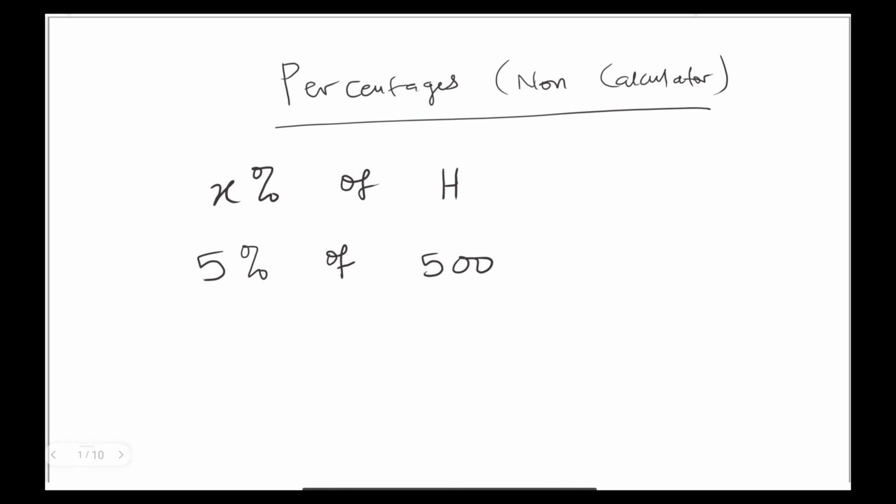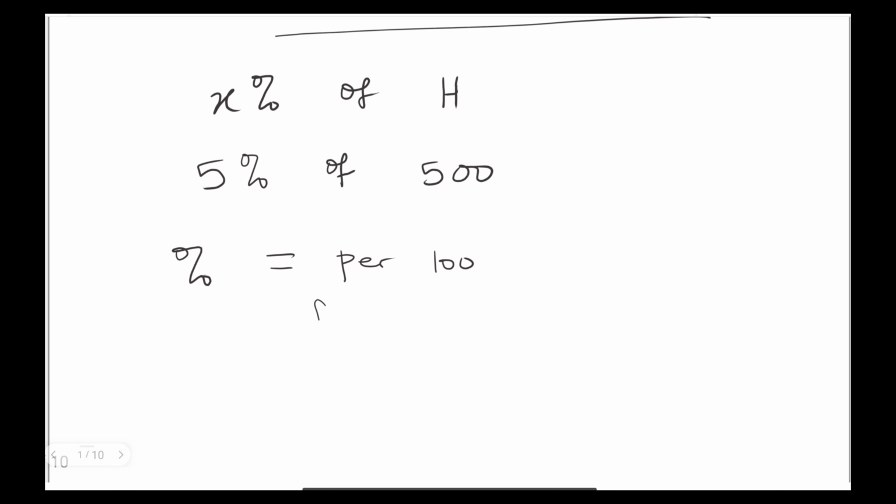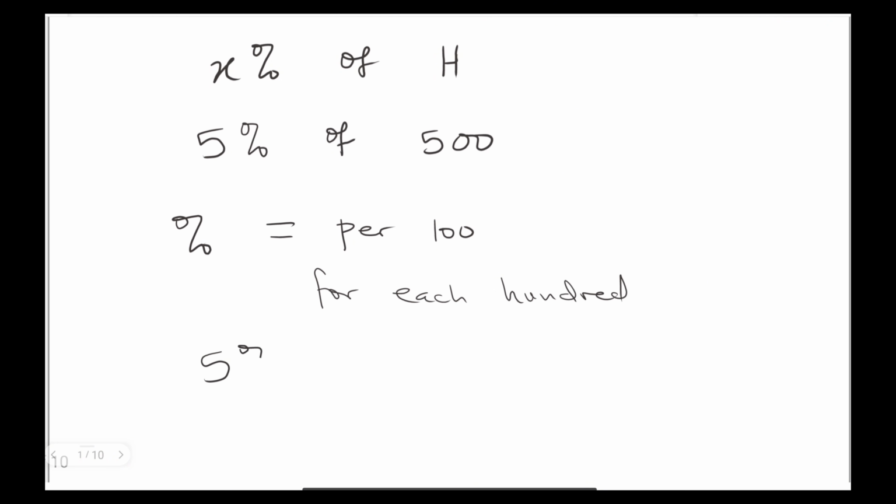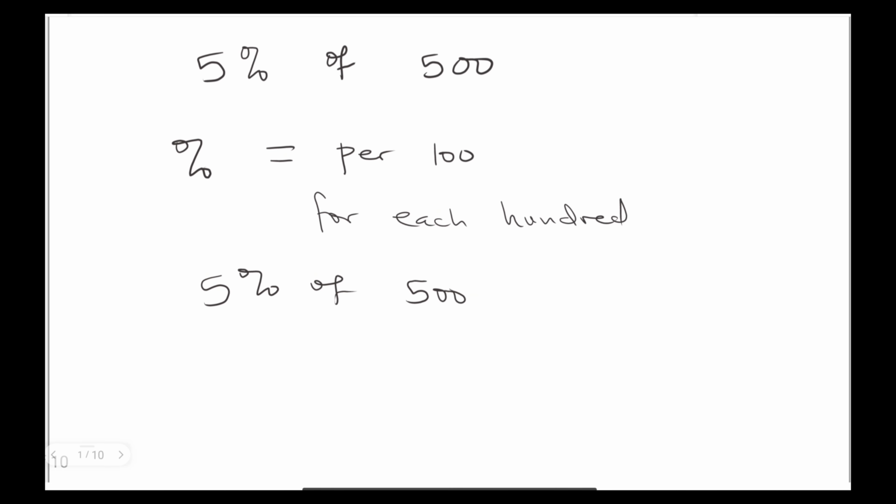So before I go into much detail, percentage means per 100, meaning for each 100 of something. So if I have 5% of 500, what this means is 5 for each 100, 5 times.